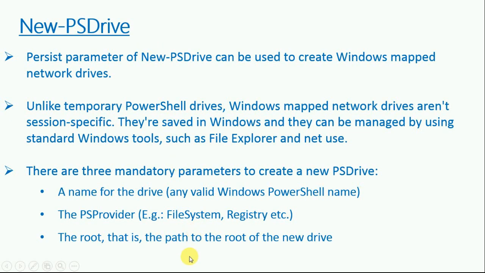And at last we have to pass the path of the file system or registry while creating the new PS drive. So we have to use one parameter called Root, with which we pass the path.